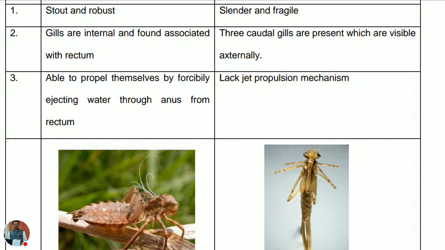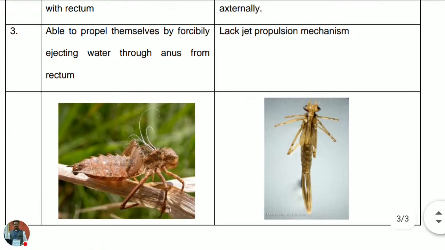So the engines run and produce a jet. Like that, these dragonfly naiads produce a jet, or jet propulsion, and they have their locomotion swiftly. Along with that, they are good predators in the water itself, so they will find their food there and they are going to grow there.